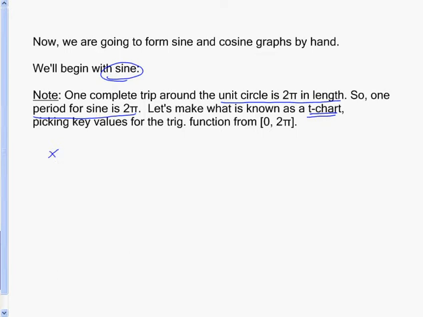Typically in a t-chart, you pick x values and find y values. We're going to graph the very basic y equals sine of x. Some things that you're going to pick: 0, pi over 2, pi, 3 pi over 2, and 2 pi.